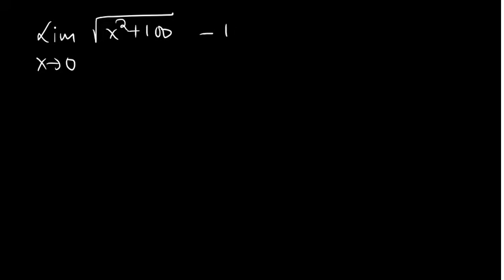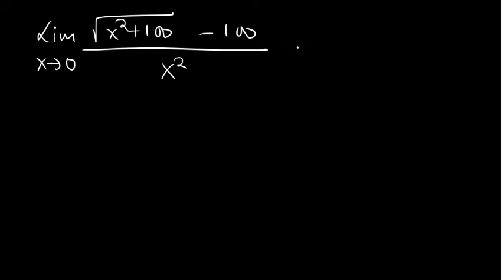Okay. Now let me add one more, which seems to be the most interesting one to me. So let's have the square root of x squared plus 100, and then minus 10 outside, over x squared. So clearly, if you substitute the 0 in the denominator, it becomes undefined.